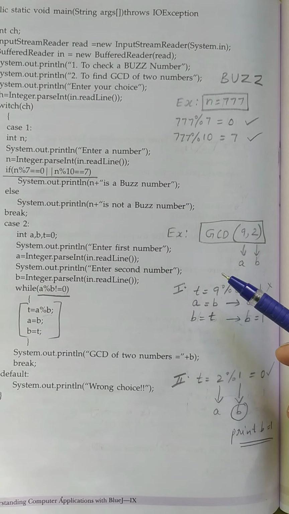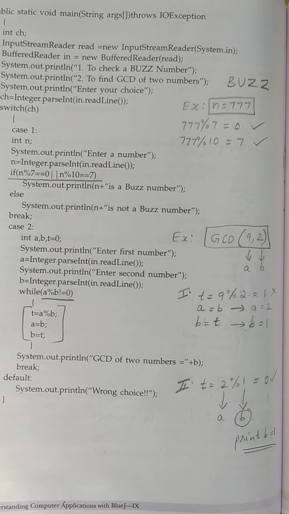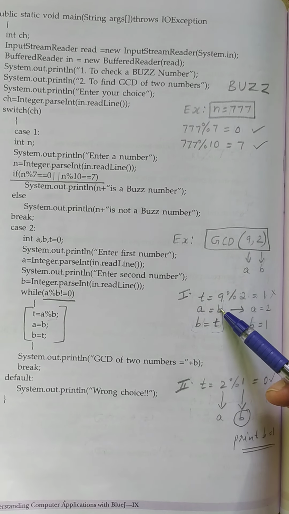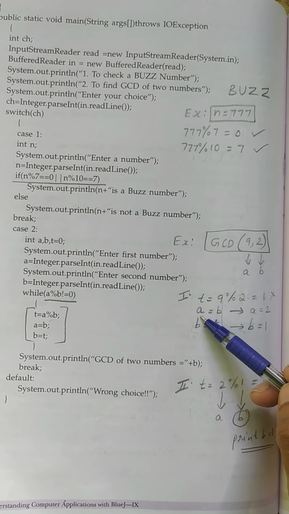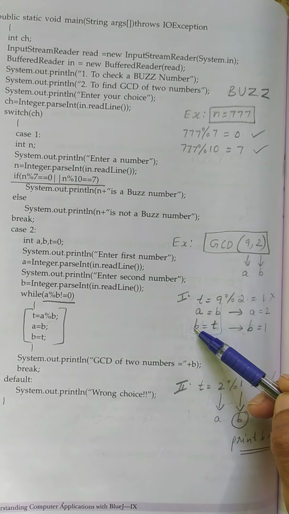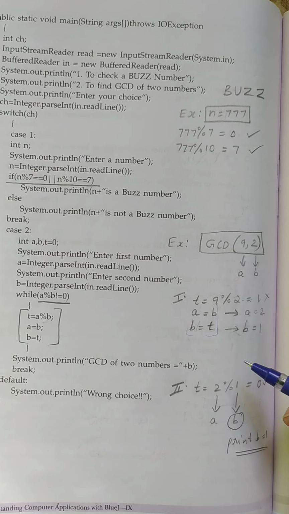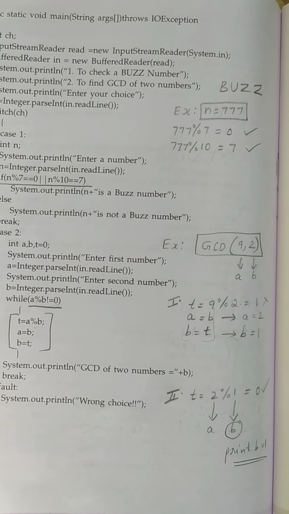Next time I want to divide with my new remainder, so that is why I swapped these two. The B value I give to A and my new remainder I give to B. So the A and B values became new values. Each time the values of A and B change.